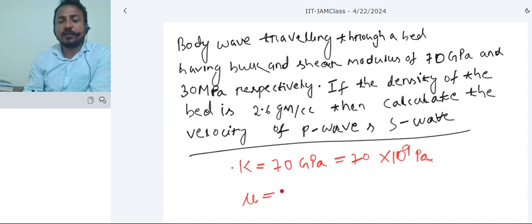Mu is given, it is 30 MPa, which is 30 into 10 to the power 6 Pascal.